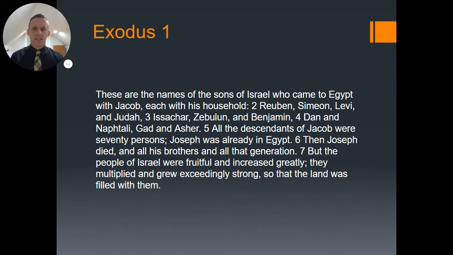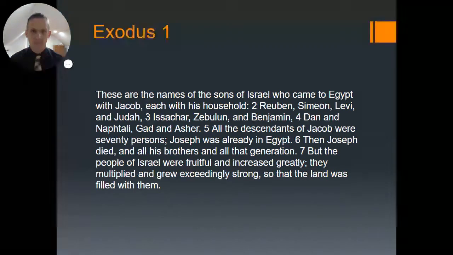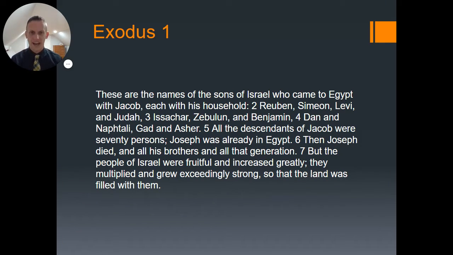Okay. It says, "These are the names of the sons of Israel who came to Egypt with Jacob, each with his household: Reuben, Simeon, Levi, Judah, Issachar, Zebulun, and Benjamin, Dan and Naphtali, Gad and Asher. All the descendants of Jacob were 70 persons. Joseph was already in Egypt.